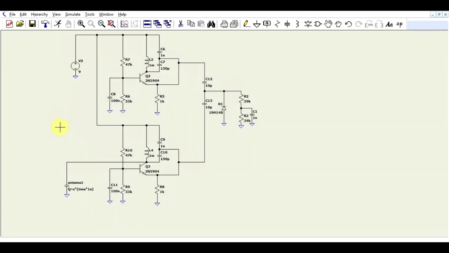So the full circuit needed to generate the variable audio sound will look something like this. You need two oscillators, one of which has an antenna that has variable capacitance based on the proximity of the player. You need to combine the two signals to obtain the heterodyne signal, and then you need to detect it to finally obtain the audio signal.